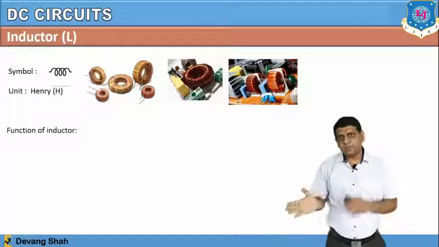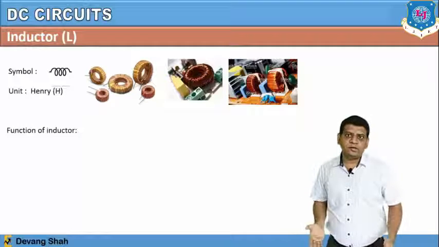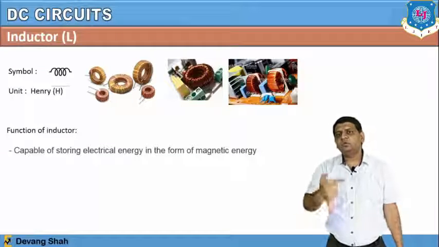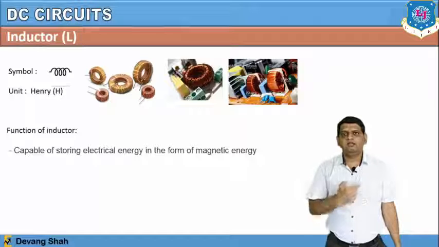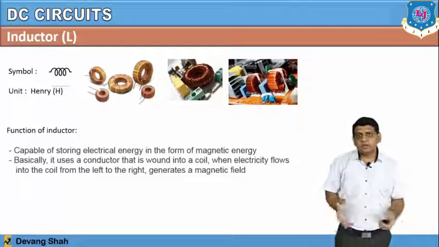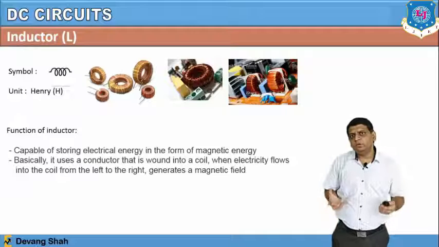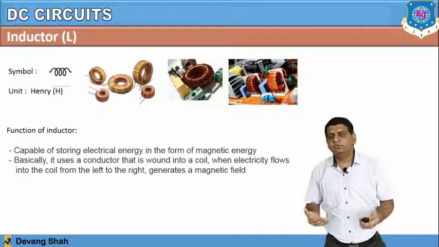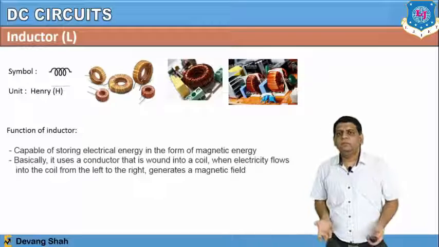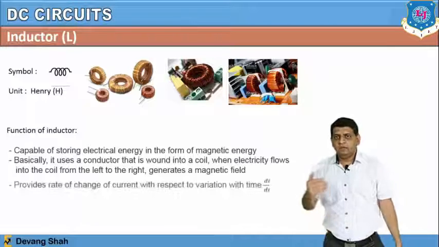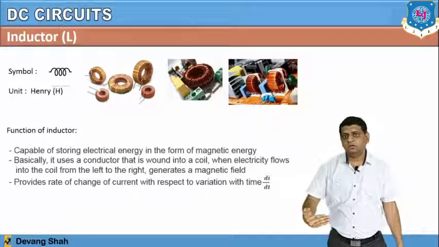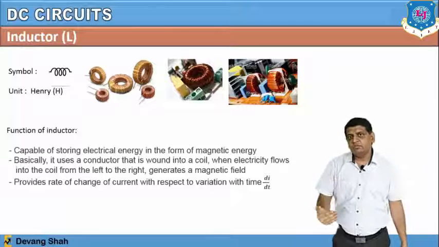Ultimately, capacitor and inductor both store energy, but the capacitor stores energy in the form of charge, while the inductor stores energy in the form of a magnetic field. Once you apply current to the inductor, it produces magnetic flux around it, and that flux is the magnetic field stored in the inductor. Whatever current you apply, you will find its variation with respect to time.